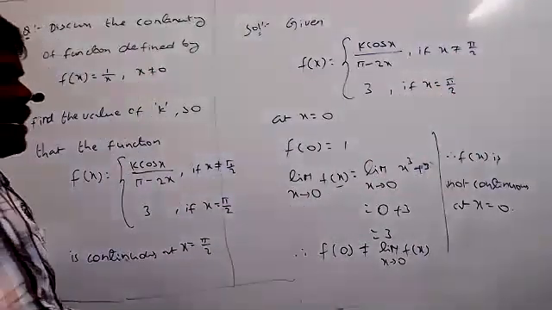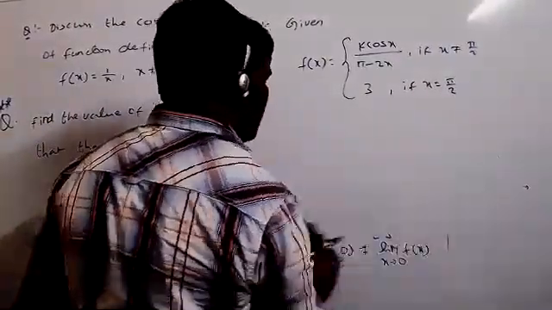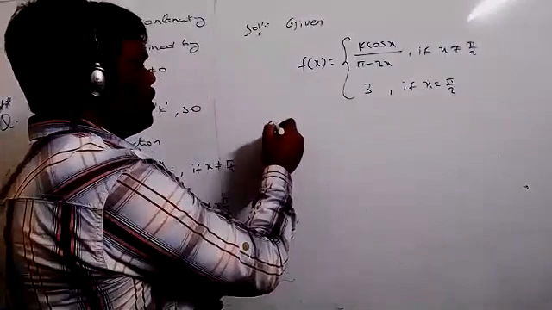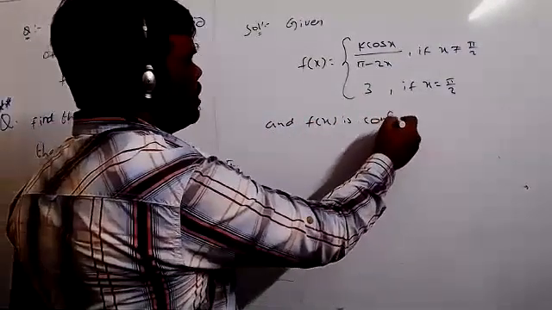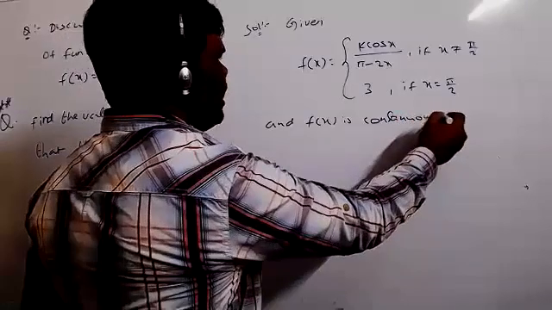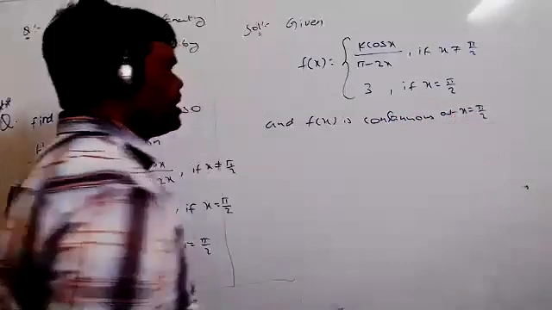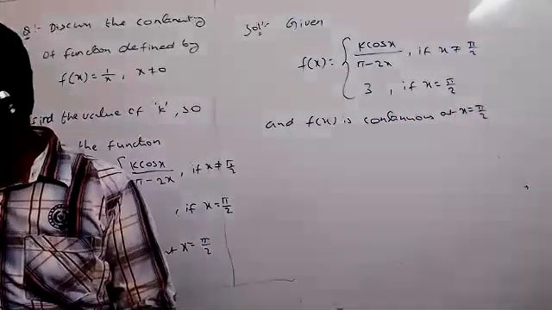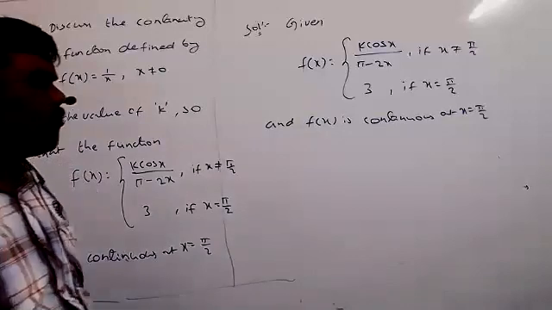But it said very clearly that f of x is continuous at x equal to pi by 2. This is the problem itself they gave.